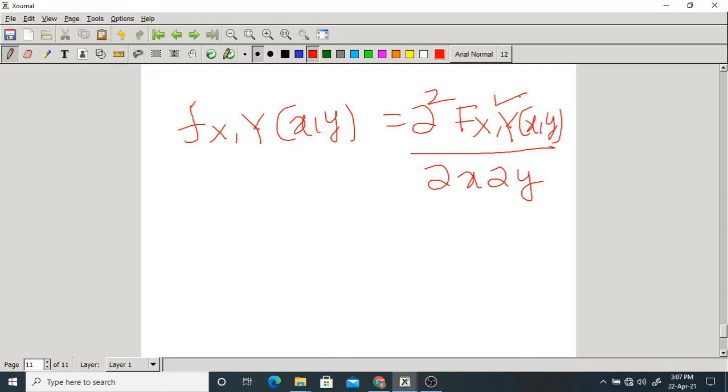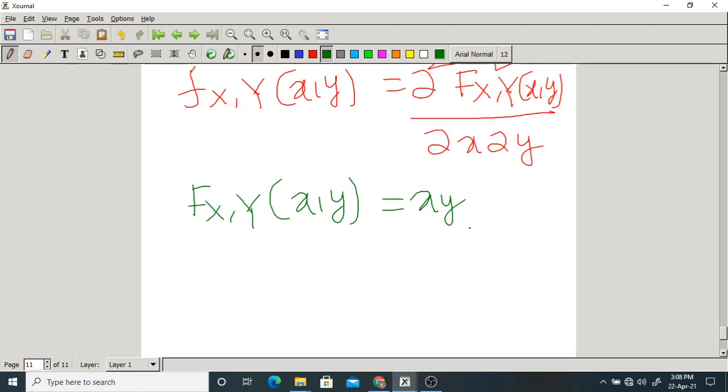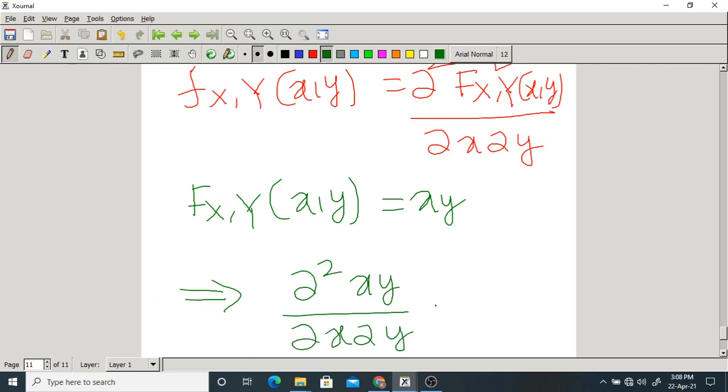The joint CDF is given as x into y. Now do differentiation: del square xy by del x del y. What do you get?